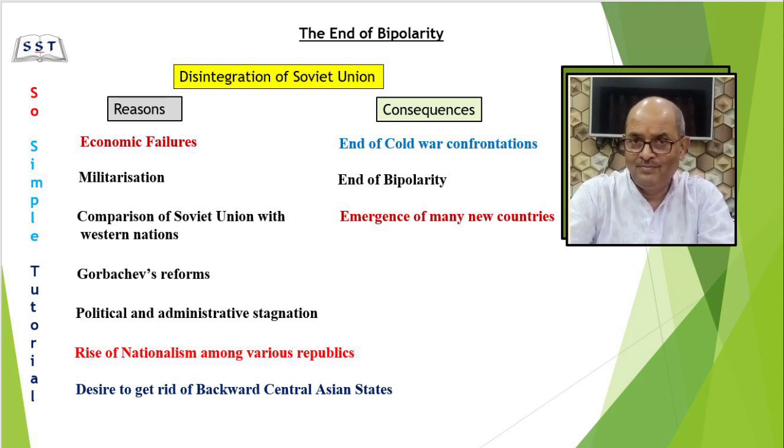They were shocked. Fourth, political and administrative stagnation. The Communist Party that had ruled the Soviet Union for more than 70 years had turned authoritarian. It was not accountable to the people. There was widespread corruption and lack of transparency. People lacked freedom. They wanted a change in the system. Fifth, role of Gorbachev.